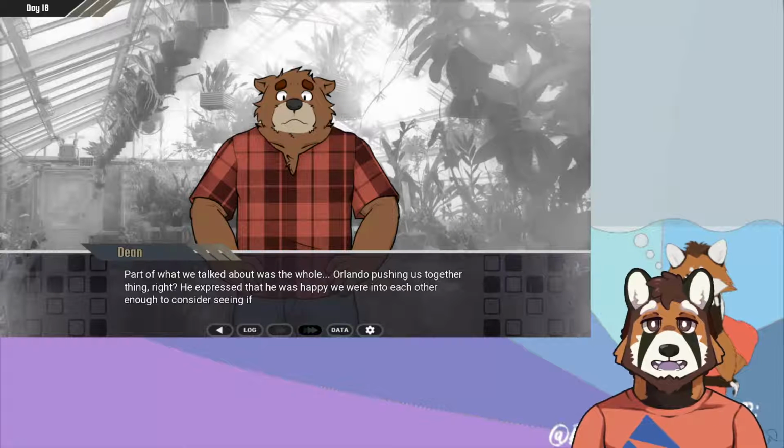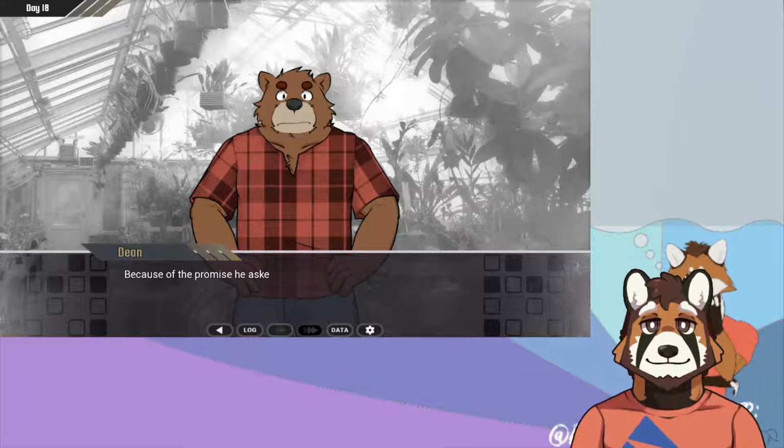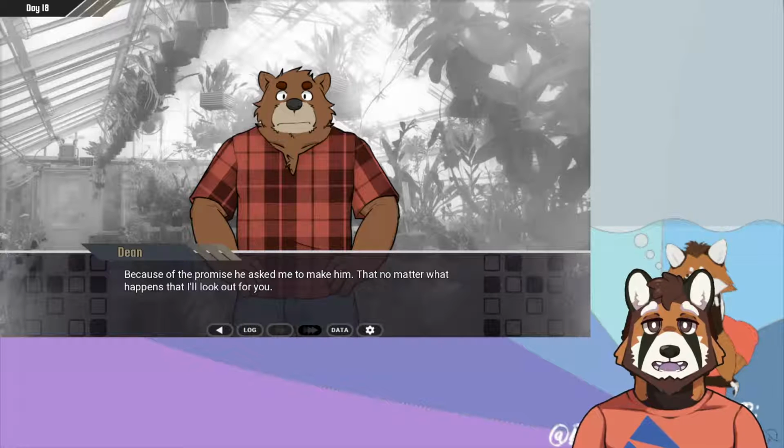Part of what we talked about was the whole Orlando pushing us together thing, right? He expressed that he was happy when we were into each other enough to consider seeing if it would work. I mean, that sounds fine, but I don't get why that clears him. Because of the promise he asked me to make him.